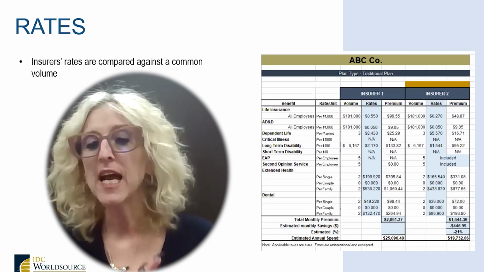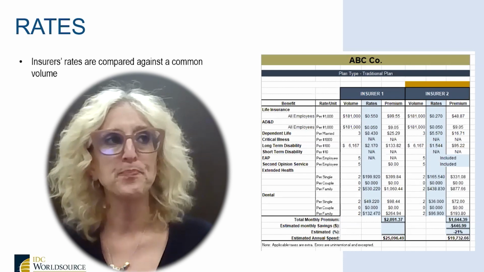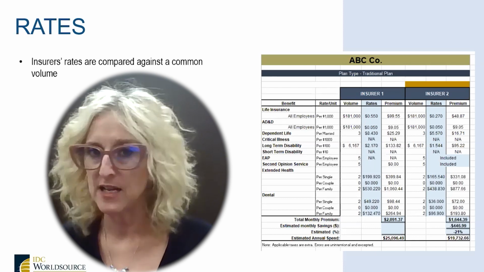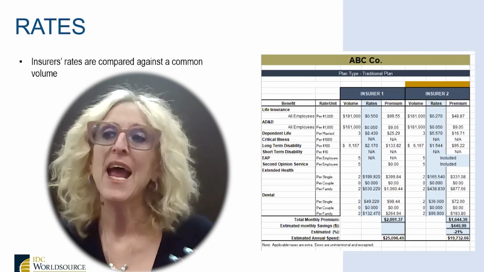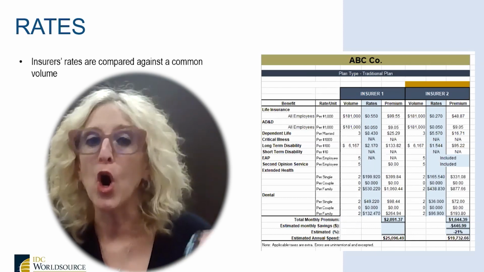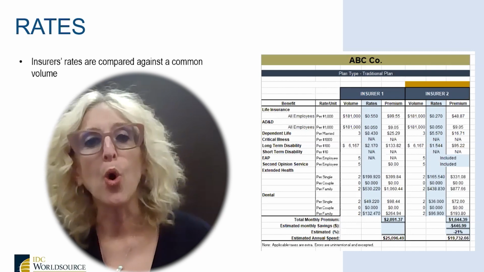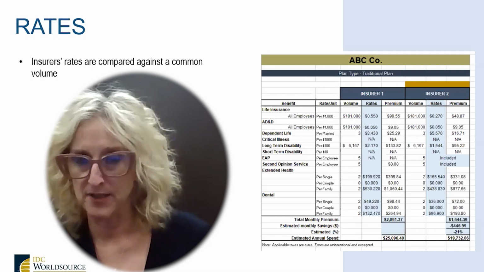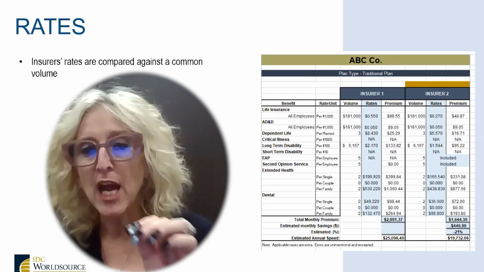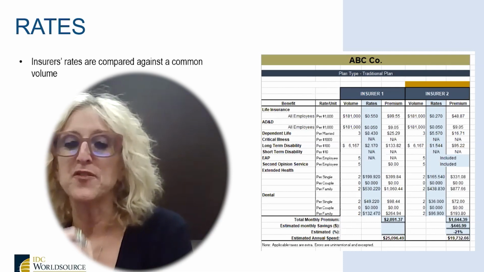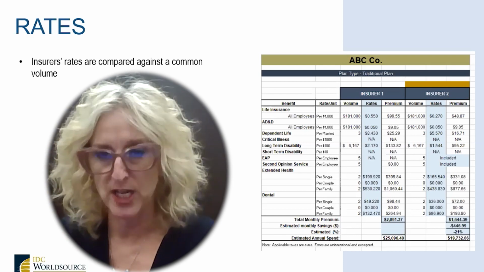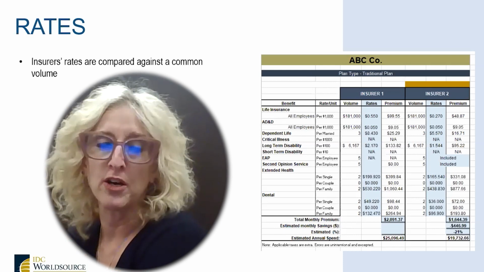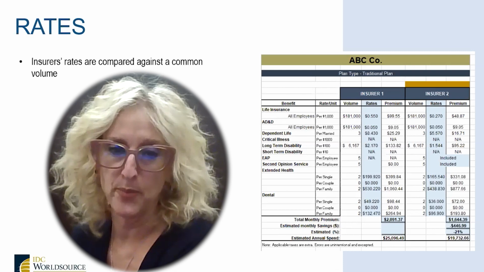So, for instance, if we're comparing a group who currently has benefits and they have people off on LTD, or they're in the midst of having people off on LTD, there may be a note. This group has to have certain pieces of information in order to move to our insurance company.